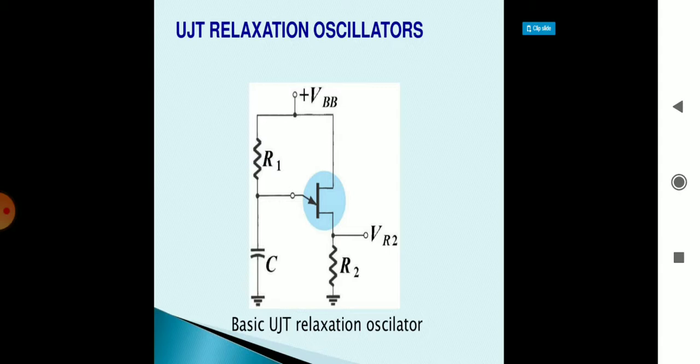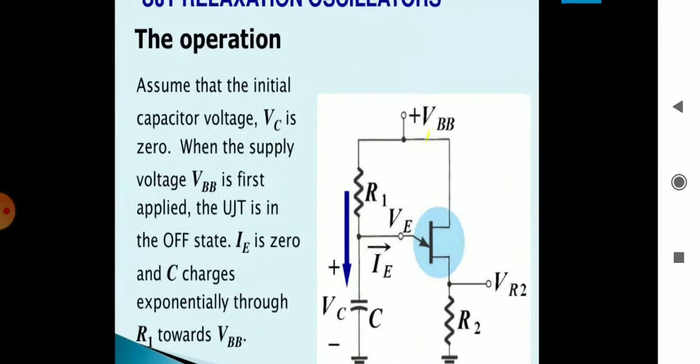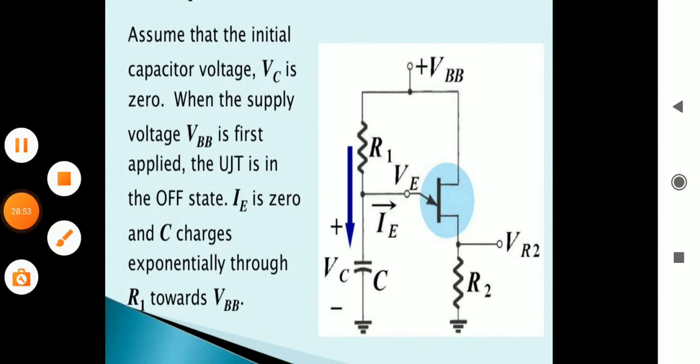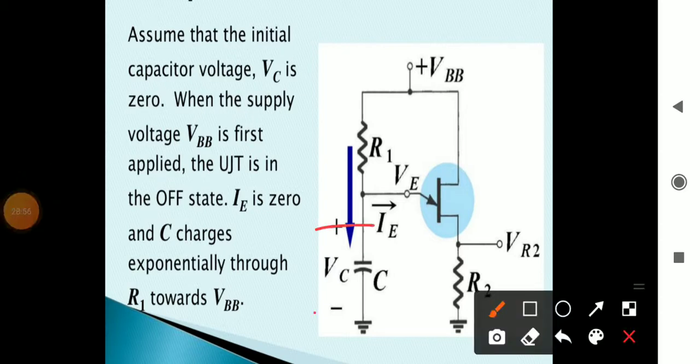Now the operation, how it is going to produce the oscillation that we can apply to the SCR. Assume that initially the capacitor voltage VC is 0. When the supply voltage VBB is first applied, the UJT is in its off state. Why is the UJT in its off state?